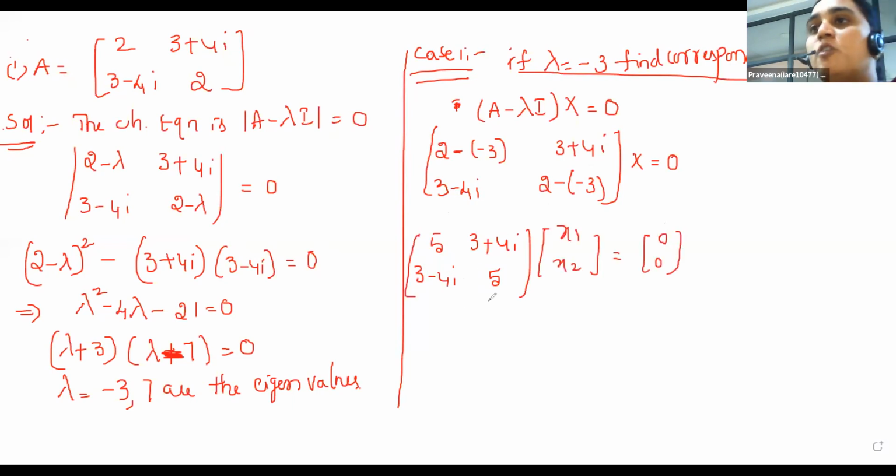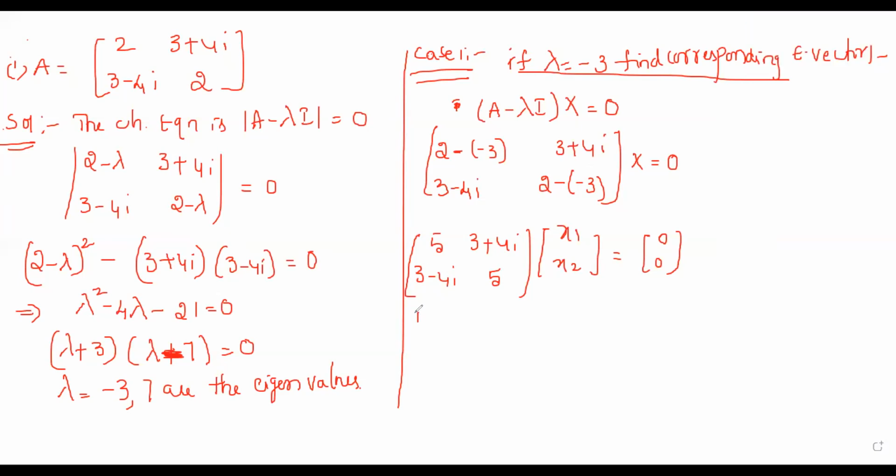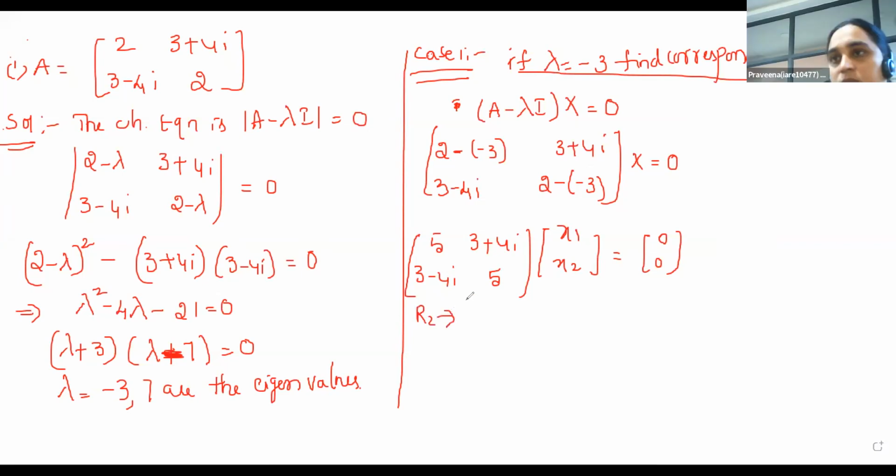Now apply the row operations. From the row operation we will make the second row as 0. Tell me the row operation for this. R2 tends to 5R2.